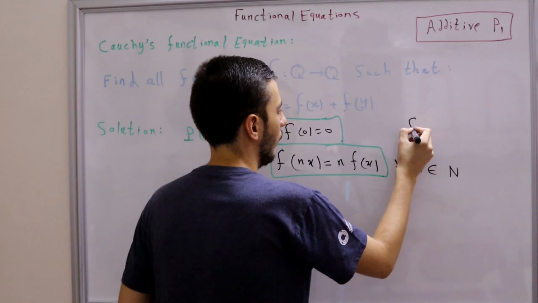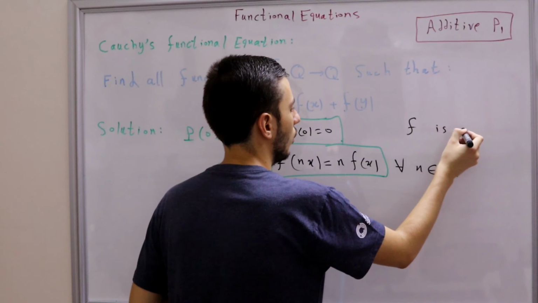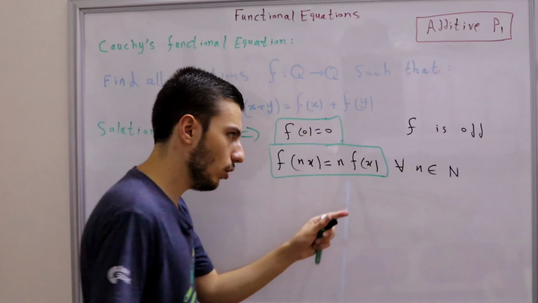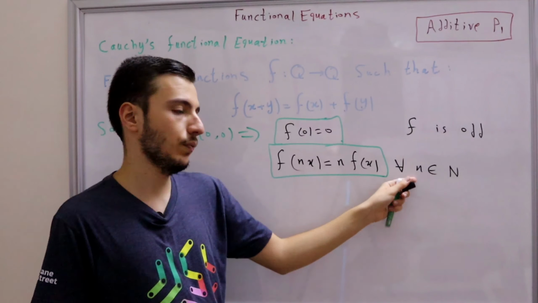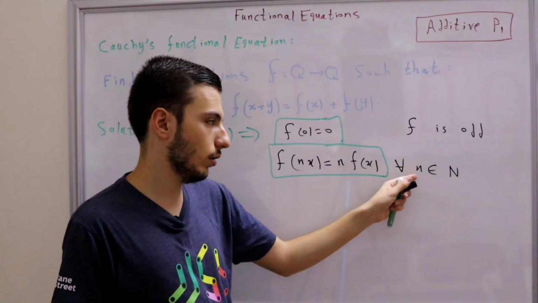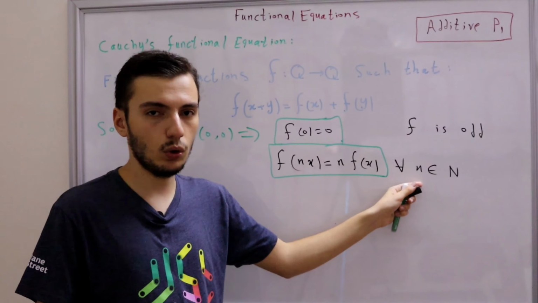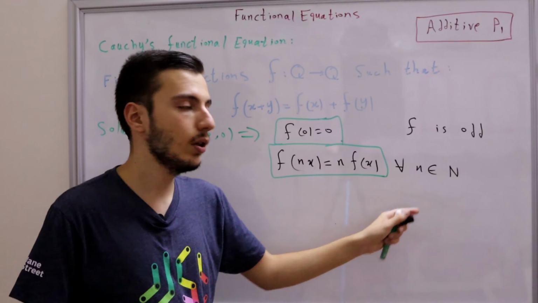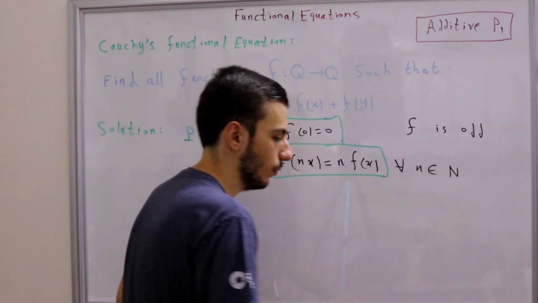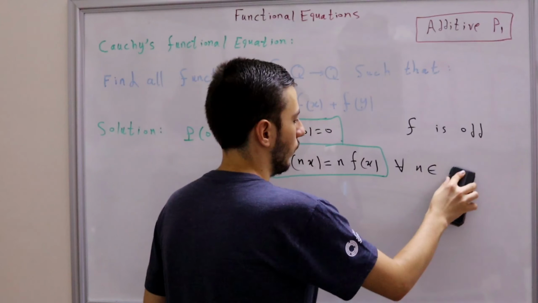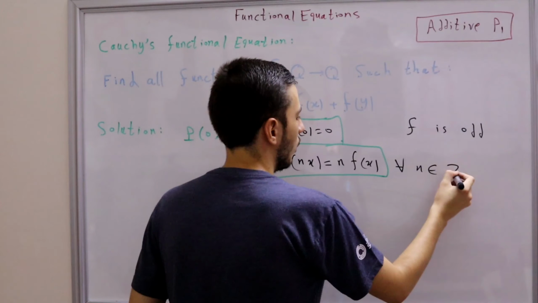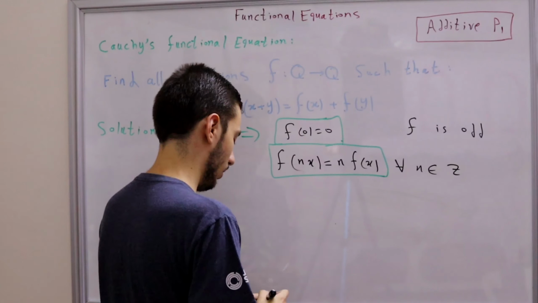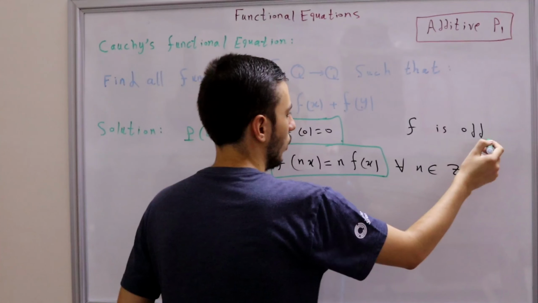That means that f is odd. And because f is odd, then we can actually show this for negative values, that means for integers as well. So instead of writing n, we can write z. Great. And of course we know that f is odd.